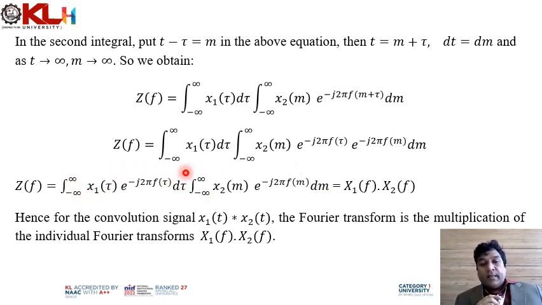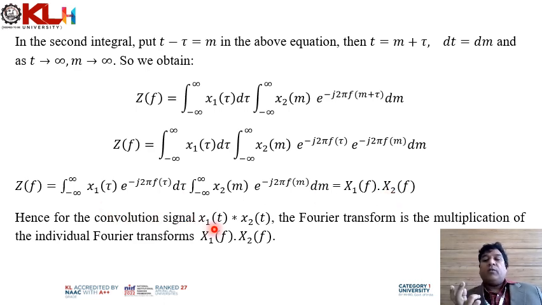Now the second integral is also the Fourier transform of x2 of t, because again m is a dummy variable, and this entire integral will be capital X2 of f. Therefore we get the final result: the first integral is simply capital X1 of f multiplied by the second integral, capital X2 of f.